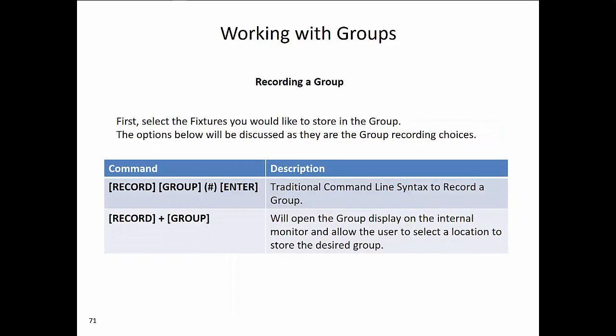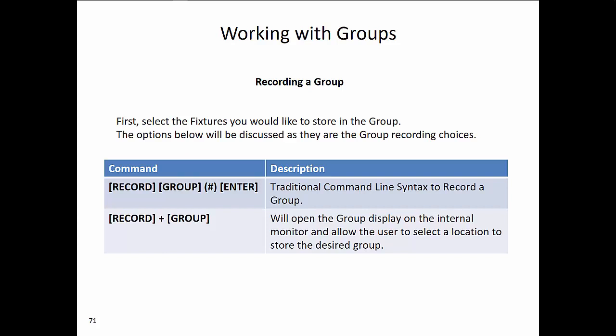So recording a group. The first step is select the fixtures that you would like to store in the group, and then for recording you have a couple of options. You can either use the traditional command line syntax to record a group of typing the keys record, group, number, enter.